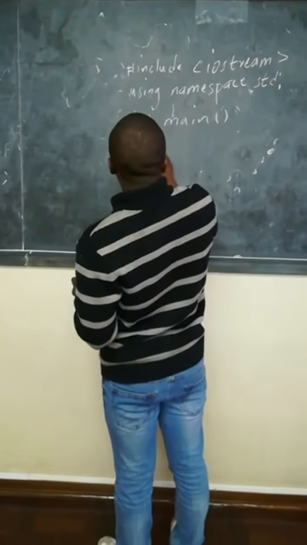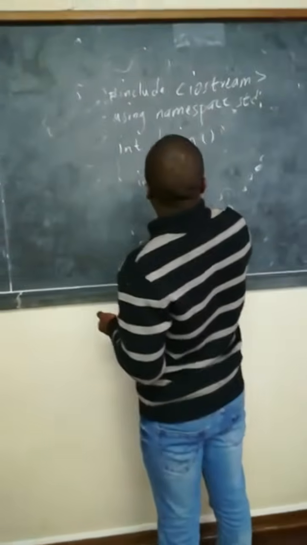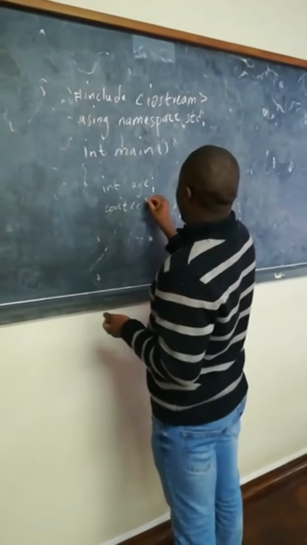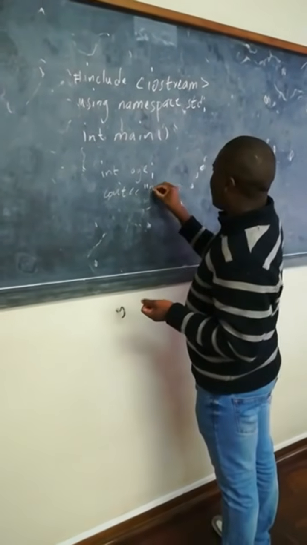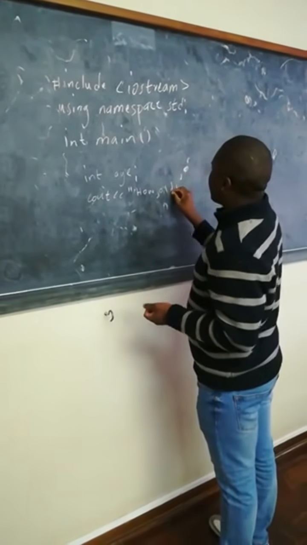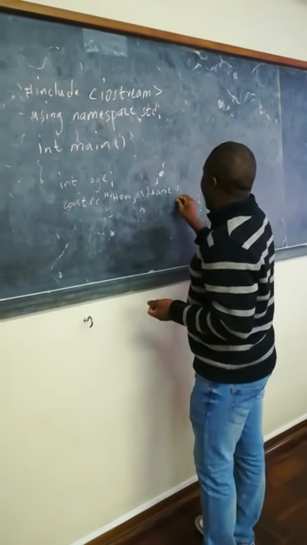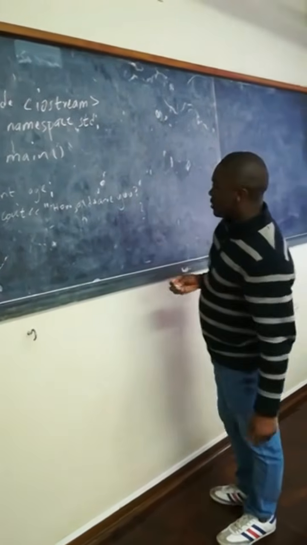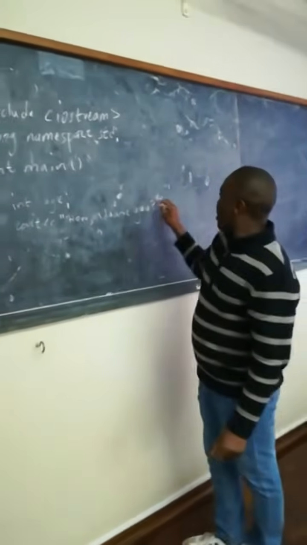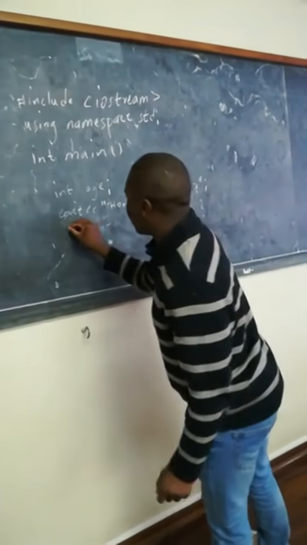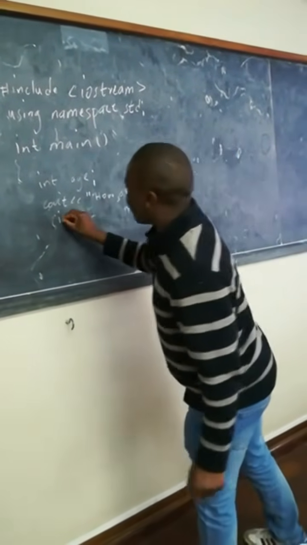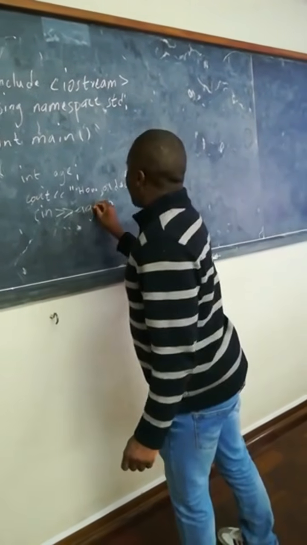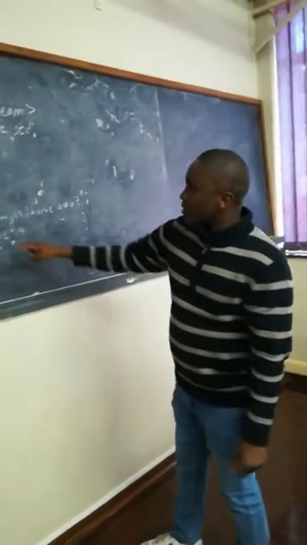Then I say int age, semicolon, then cout and the quotation marks, how old are you? Question mark, and then the semicolon. Then I say cin, and then the arrows, and I write age and semicolon. So I only wrote age in cin.